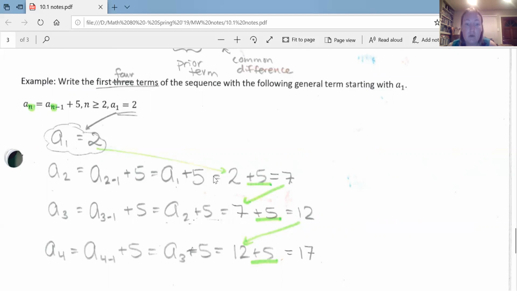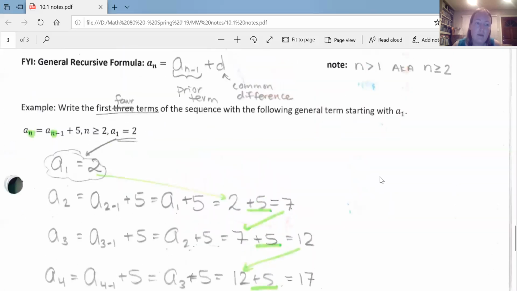Your a sub 1 was 2, and you add 5. Then you have your 3, so 3 minus 1 would be 2, so that's your prior term plus 5, so 7 plus 5 is 12. So you always need to do the prior one. So it makes it harder to find an nth one, like the 35th one, because you'd need to know what the 34th value is.